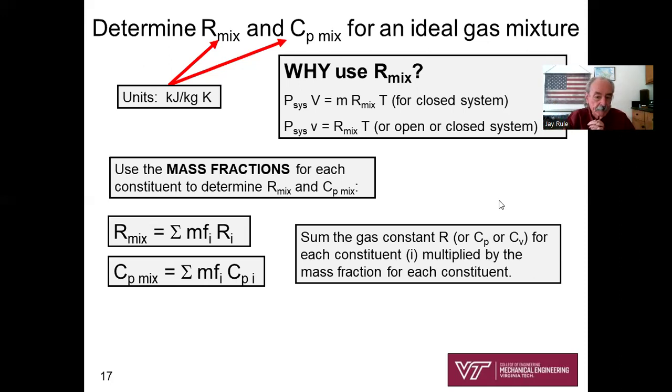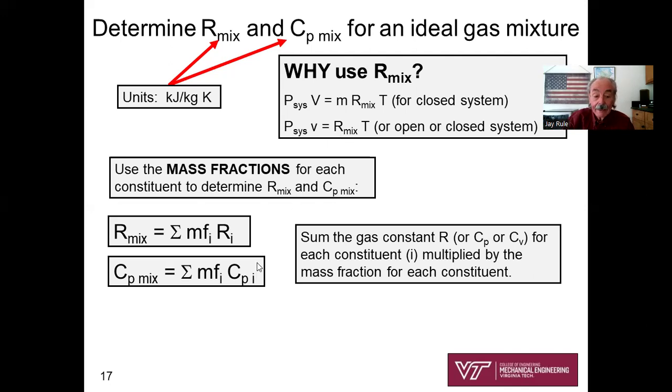Well, if we have a mixture and we're asked to calculate the volume or the specific volume, we need that R of the mixture. That's the easiest way to calculate volume or specific volume using the ideal gas equation of state: PV equals mRT for a closed system, or P times little v equals RT for either an open or closed system. That's why we would need to use R mixture.